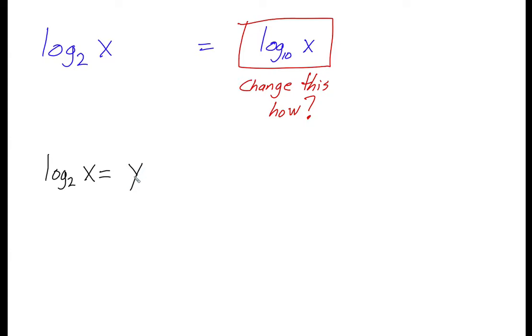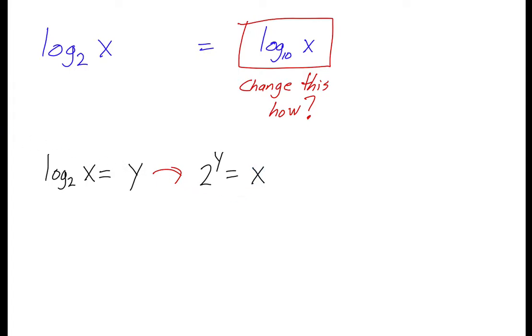So y is just to hold the place of the answer we're looking for, but we don't really care what y itself is. However, I've got a logarithm here, so we can rewrite this as an exponential, and as an exponential, this is 2 to the y power equals x.